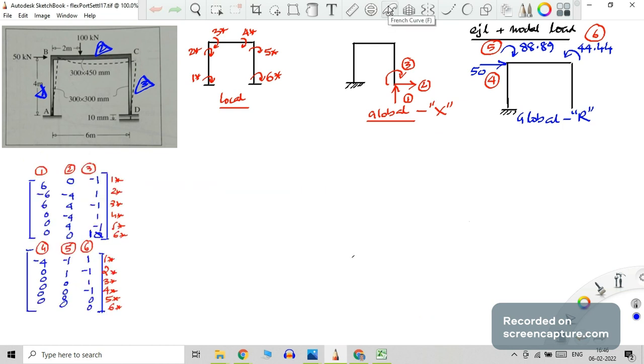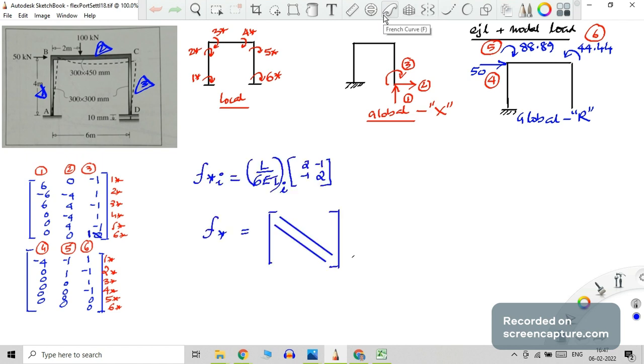Then everything is straightforward. Then you write F star, find out the triple product, FXR, FRR, etc. F star, you should know that the globally arranged one should be a double bandwidth. We remember that F unassembled for axial was a single bandwidth matrix, only one element. Here it was every element L by AE, L by AE, L by AE diagonally, and all others are 0.